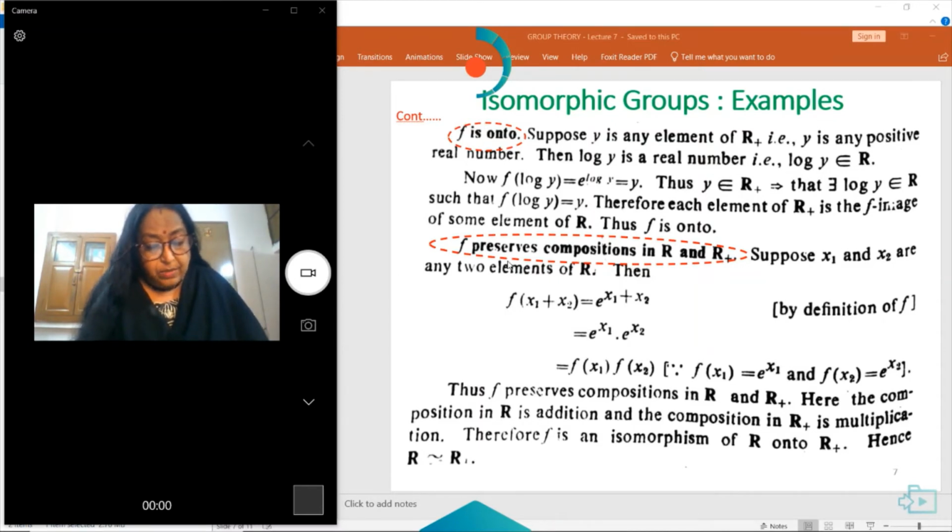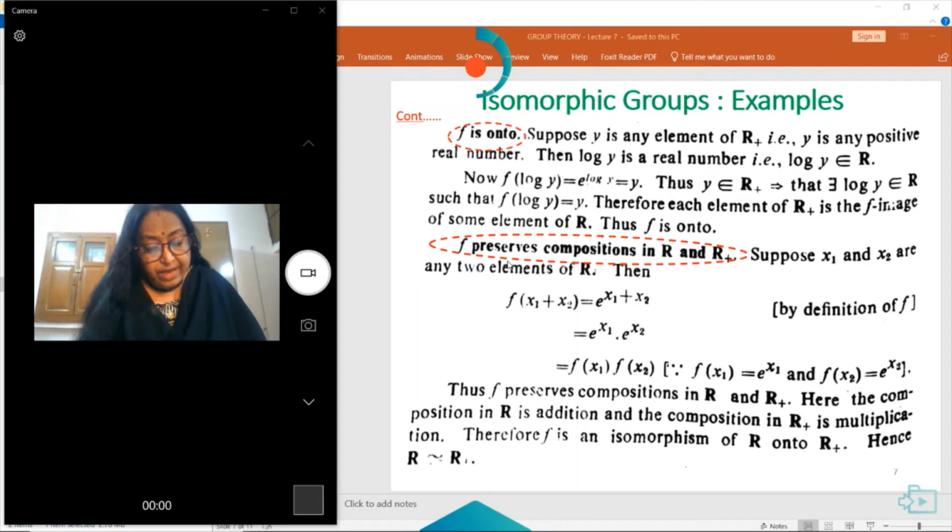Now x1, x2 belong to the set of real numbers R. X1 and x2 are real numbers, so x1 plus x2 is also a real number. If we apply f on x1 plus x2, we get f of x1 plus x2 is equal to e to the power x1 plus x2, which is equal to e to the power x1 into e to the power x2, which is equal to f(x1) into f(x2).